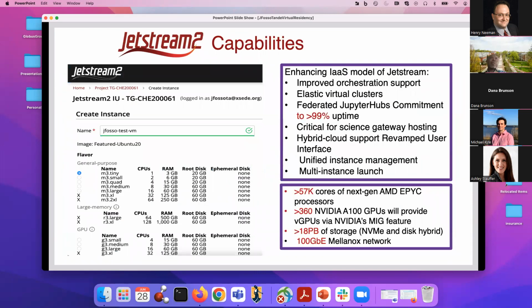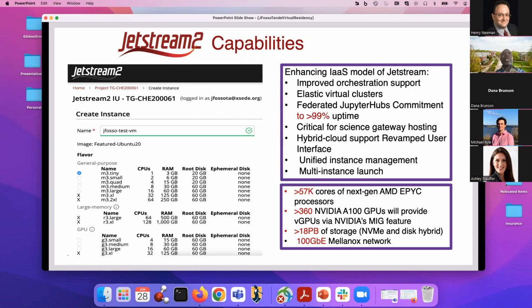So, JetStream 2 capability. This is a screenshot of my account on JetStream 2. As you can see, I have access. If I needed to spin off a virtual machine, I have a number of options. I can have a tiny, M3 small, or M quad, with a choice of CPUs, RAM, or root disk.